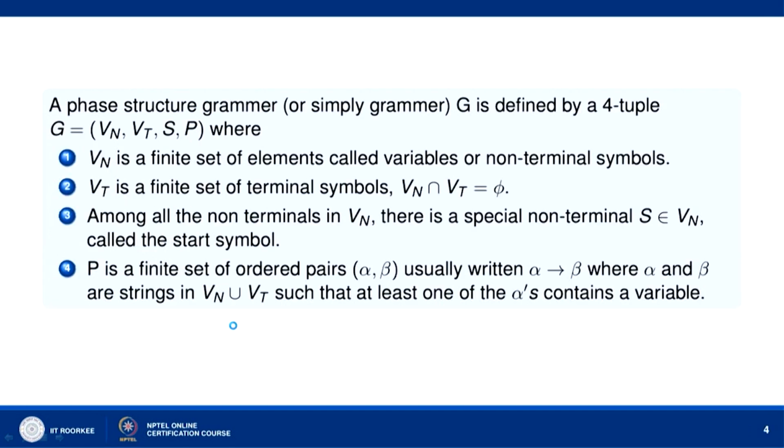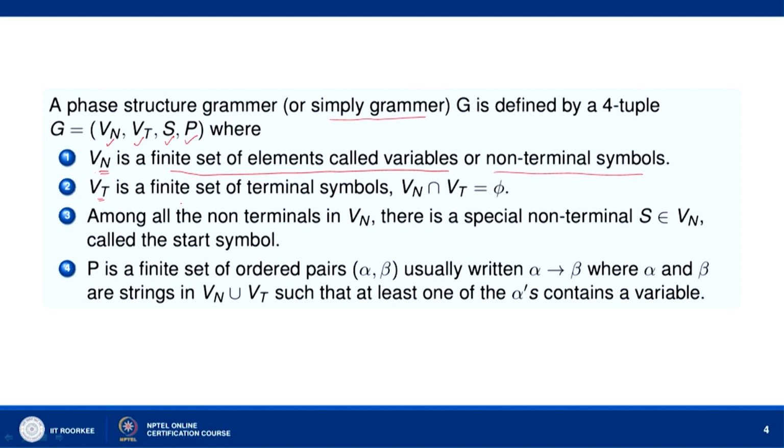Now, let us discuss phrase structure grammar, or simply grammar. We can denote it by G. It is defined by a 4 tuple G consisting of Bn, Bt, S, P, where Bn stands for a finite set of elements called variables or non-terminal symbols. Bt, this N means non-terminal symbols and this T denotes terminal symbols.